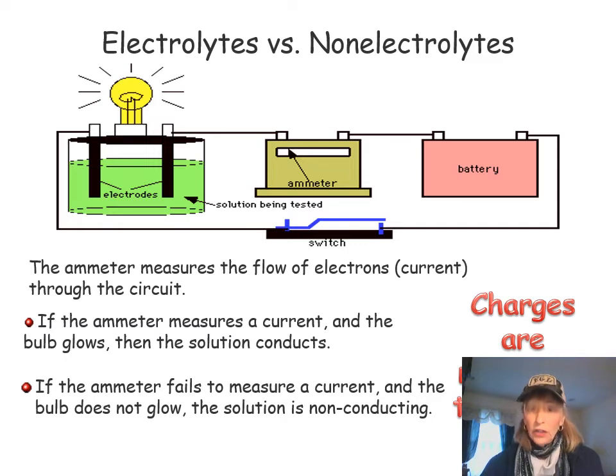All right, charges are required, remember, for electricity to flow. If the ammeter fails to measure a current and this bulb does not glow like it's glowing here, that means the solution is not conducting. So those are the two possibilities.